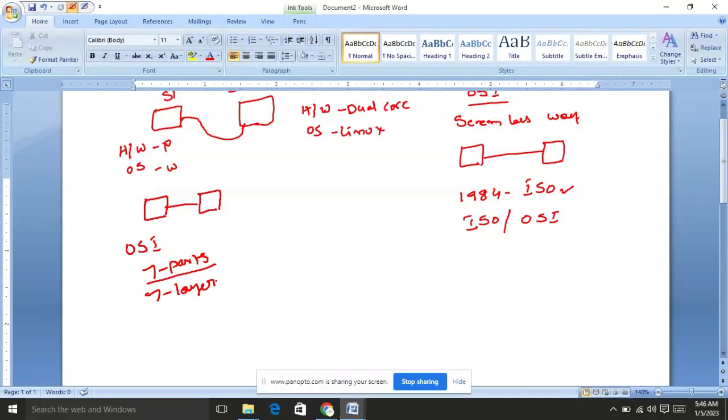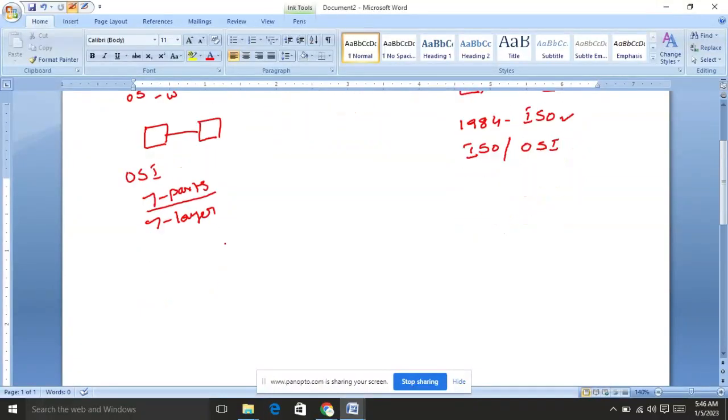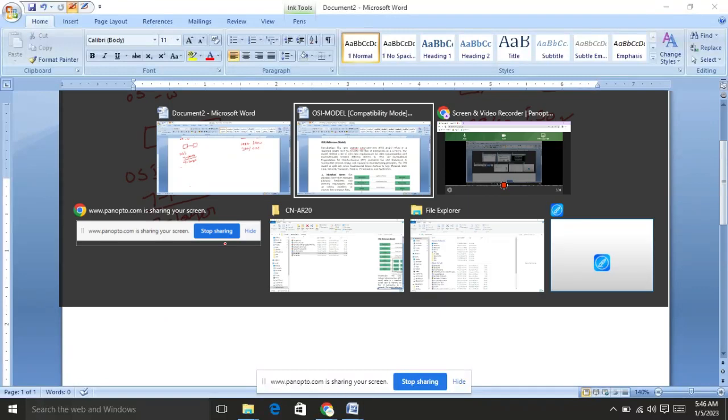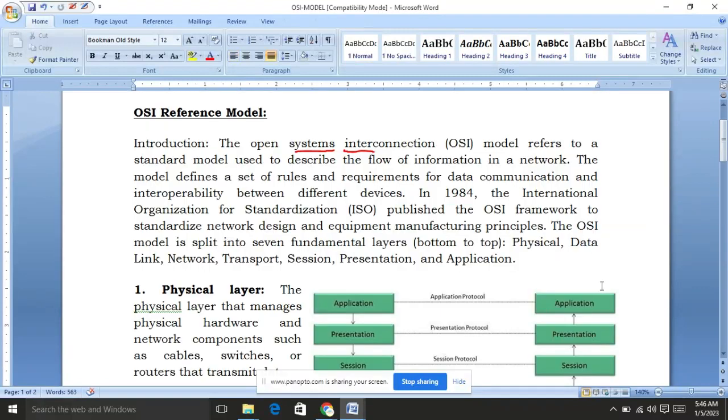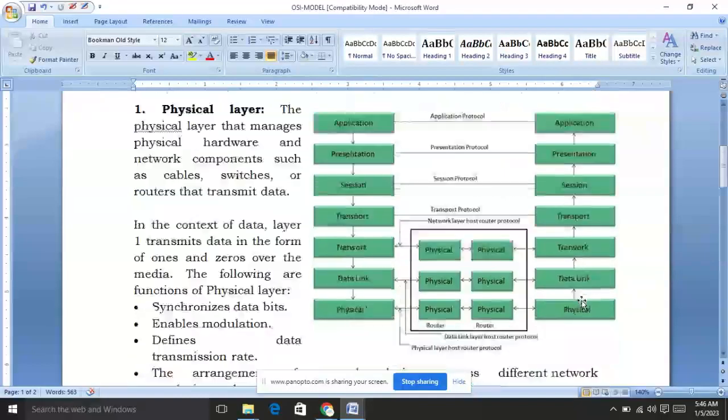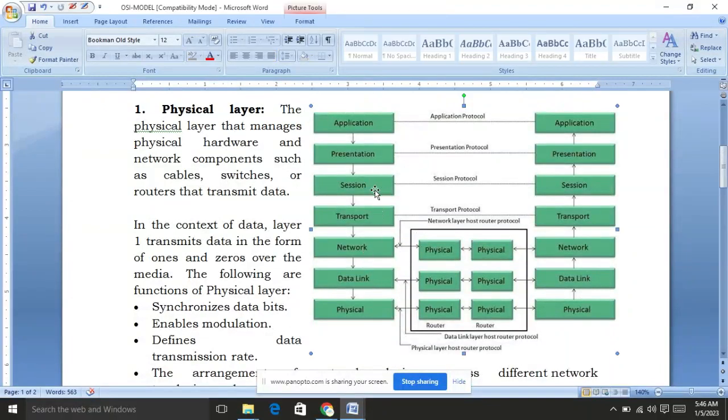Generally, we call them seven layers. What are these seven layers? Here the diagram is shown. So: physical layer, data link layer, network layer, transport layer, session layer, presentation layer, and application layer.